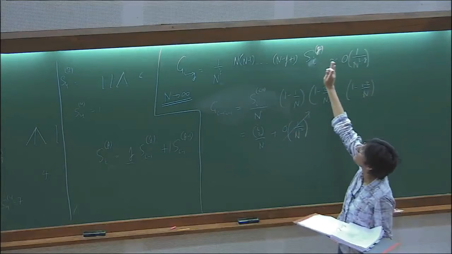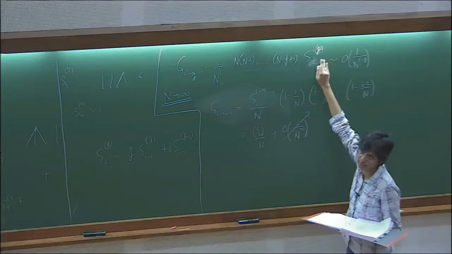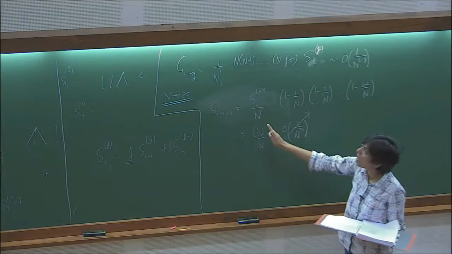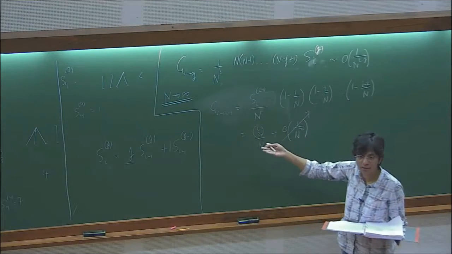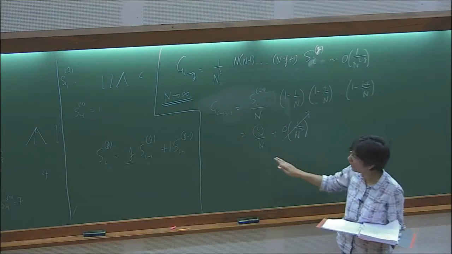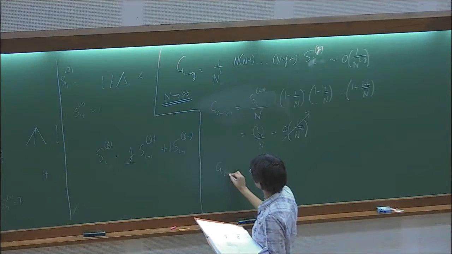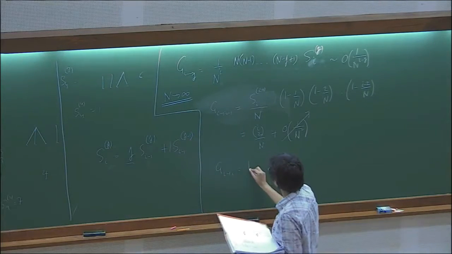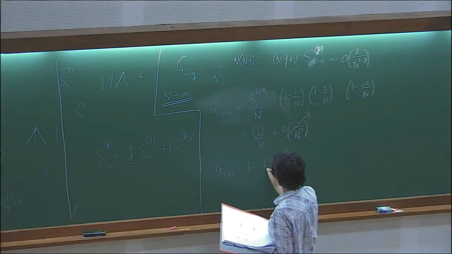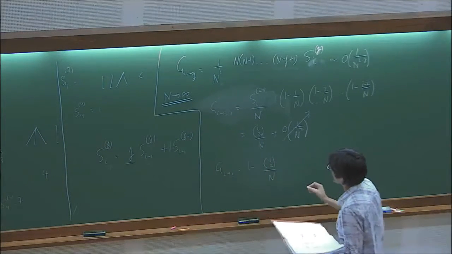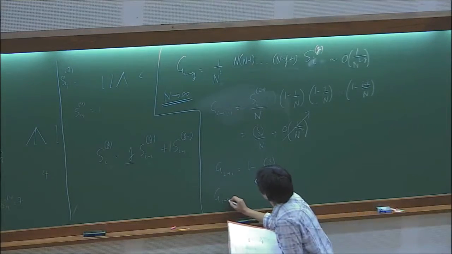And correspondingly, for I to I, it's this. Okay? And the rest, okay? So if n is large, this is the answer.